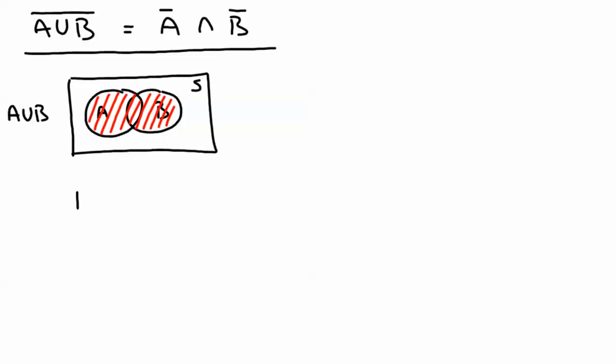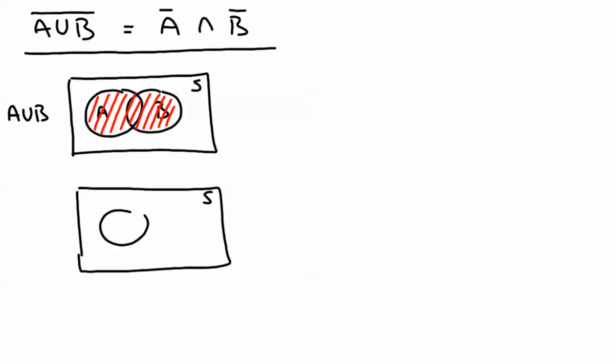So then if we take the complement of that, once again here is A and B, A union B complement is everything outside of the red hatched area in the first picture.